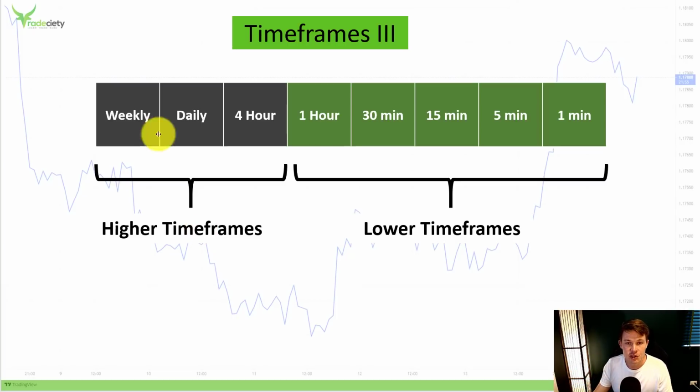Higher time frames are generally considered the weekly, the daily, and the 4-hour time frame. With a candlestick graph, this means that one candlestick is either 1 week, 1 day, or 4 hours. And then we have our lower time frames where one candlestick is anywhere between 1 hour and 1 minute. And this will then help us to make trading decisions on the specific horizon that we are interested in trading.